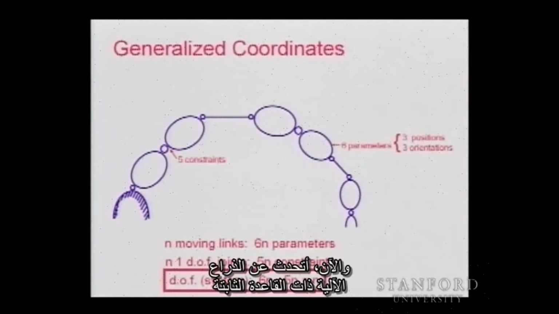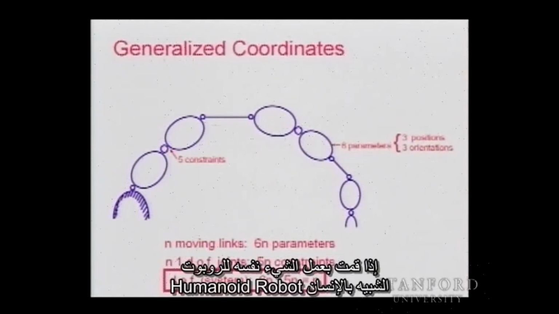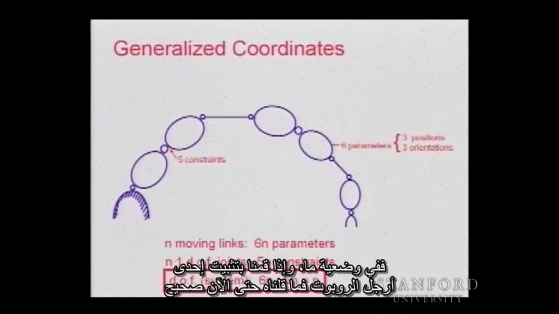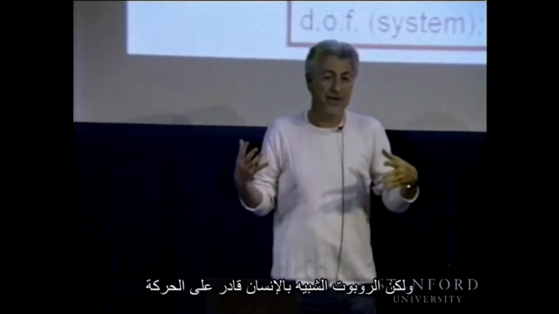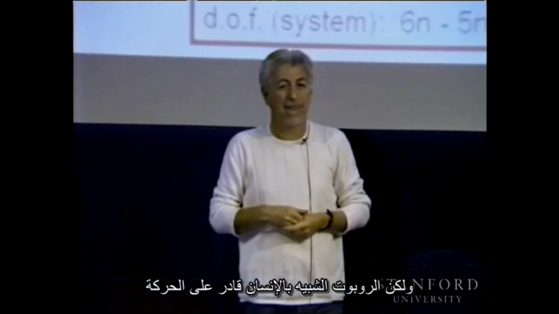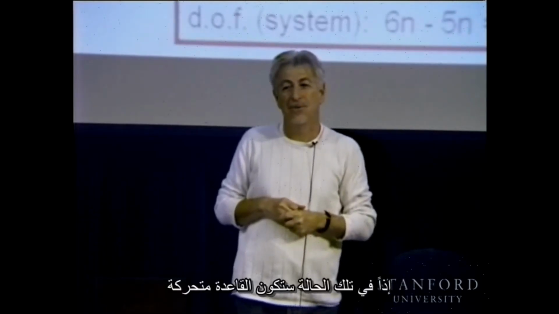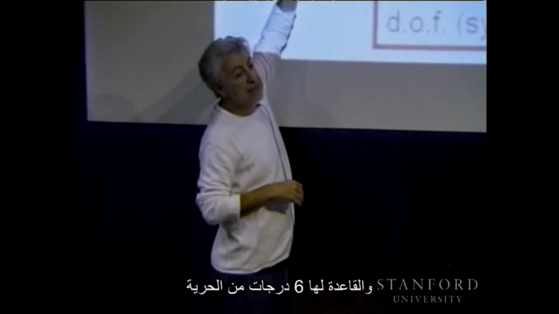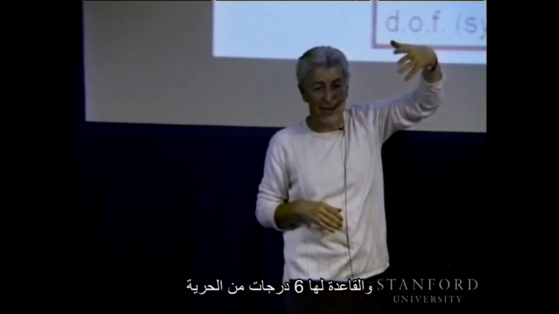Now, I'm talking about a manipulator with a fixed base. If I take a humanoid robot and I do the same thing, at a given configuration, if we lock one of the feet of the humanoid robot, this is correct. But a humanoid robot can move. So in that case, the base is moving, and the base has 6 degrees of freedom.